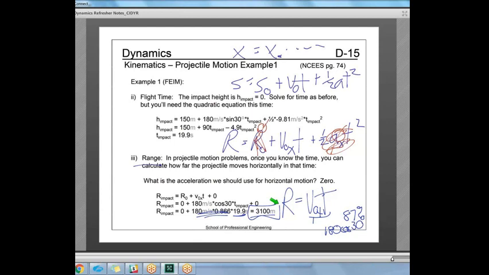Is it a coincidence that the maximum x value of which equation is the time that it takes to get to the highest point? No, that's not really a coincidence, no. So one of the interesting things we find in dynamics is that we end up doing sort of the same things over and over again.